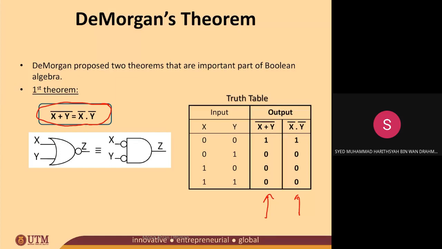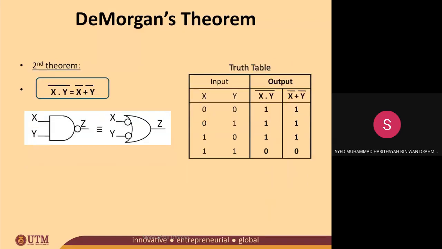Sorry, just now I mentioned the XOR or XNOR, so this is not related to that. This is just for when you want to further simplify the equation. So X plus Y bar is representing X bar times Y bar. So this is the first theorem of De Morgan.